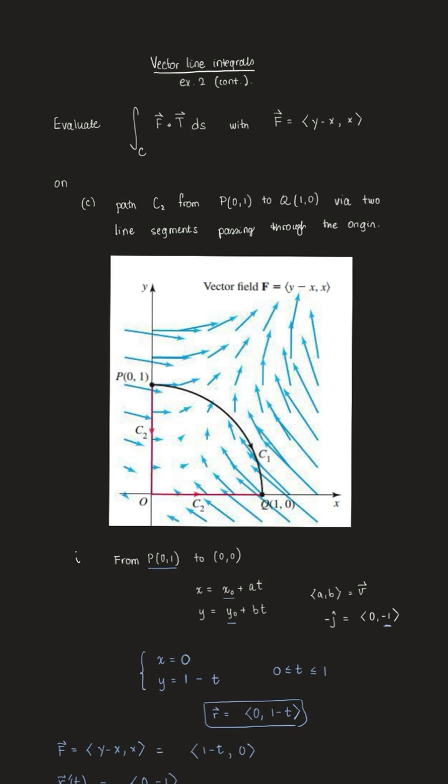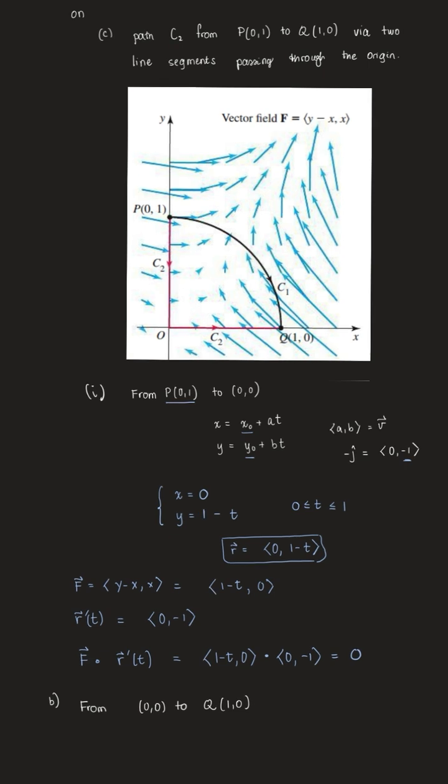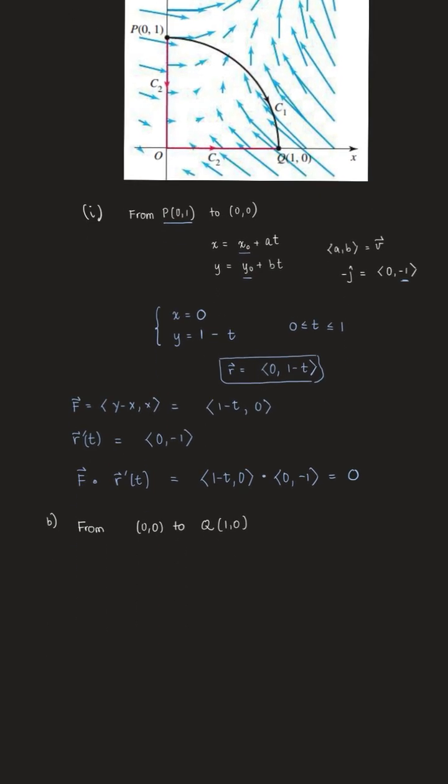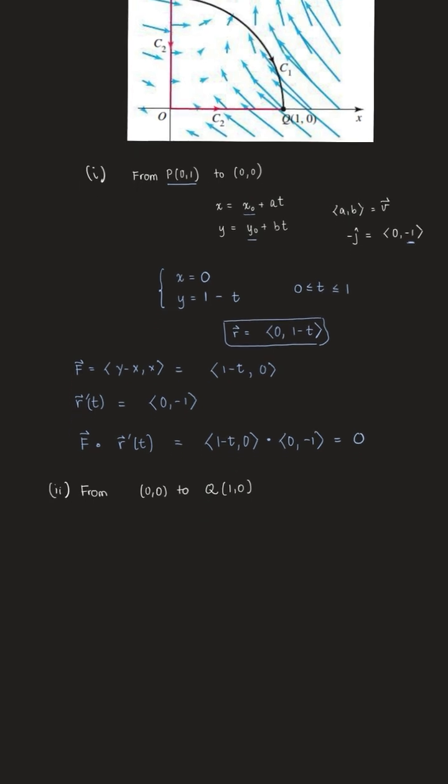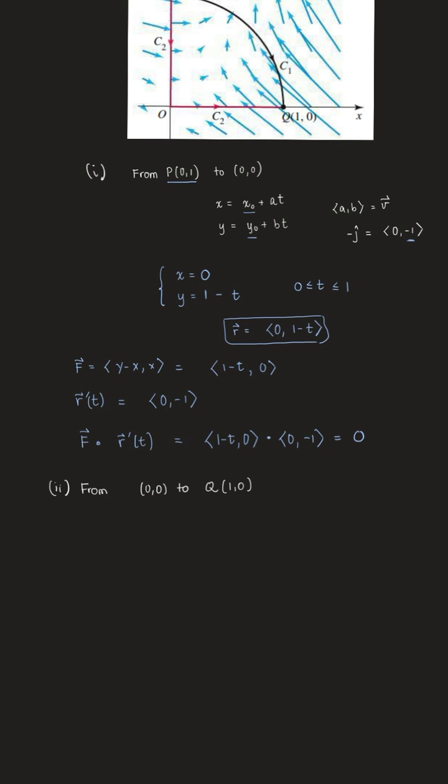This is going to be 1, and this is going to be 2. Now we can see here that our direction vector of the line is just i. It's just 1, 0.